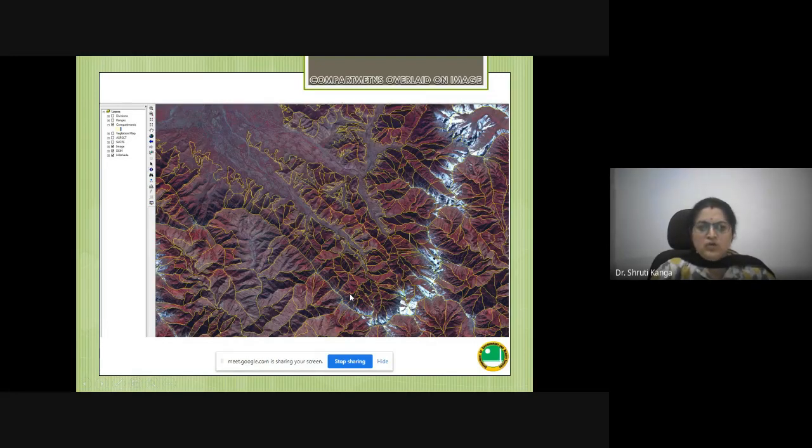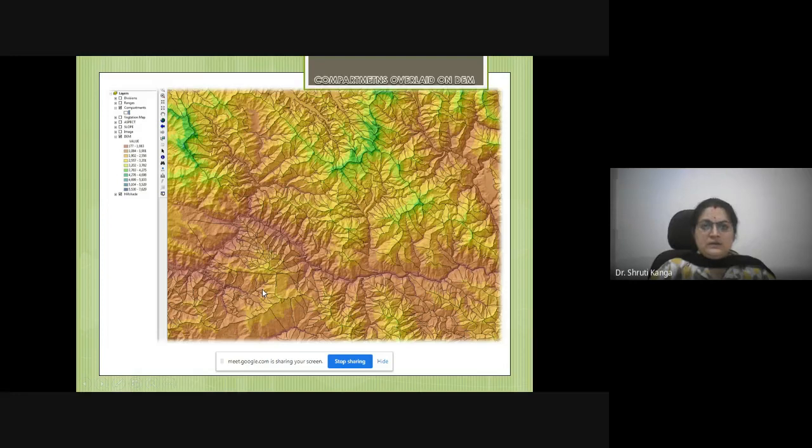Based on this elevation or DEM, I can see that these are the areas which have a very plain slope, and wherever the green or sky blue colors are there, they denote the highly elevated areas. So we can have a rough idea about the distribution of forest.